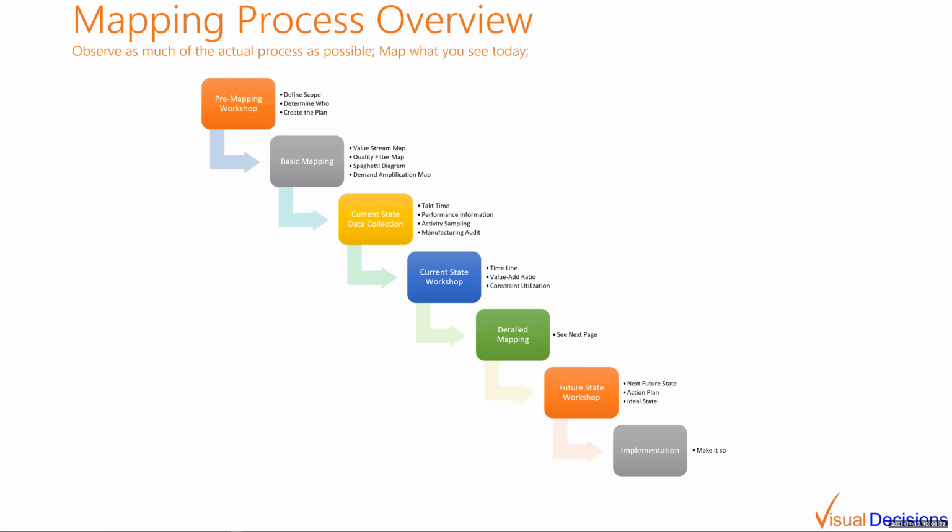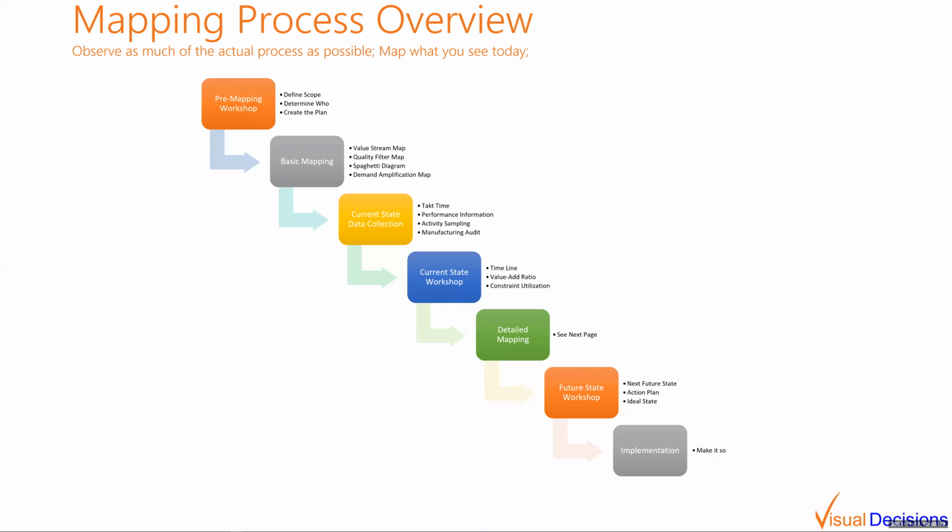But once the overall analysis of the current state is completed, it's time to do the future state workshop. And during this workshop, the team will gather again to go through the analysis of the current state, brainstorm ideas, document the planned improvements, and create the action plan for improvement. There are two possible future states that the team may produce. There should always be a next future state map where the immediate goals are documented.